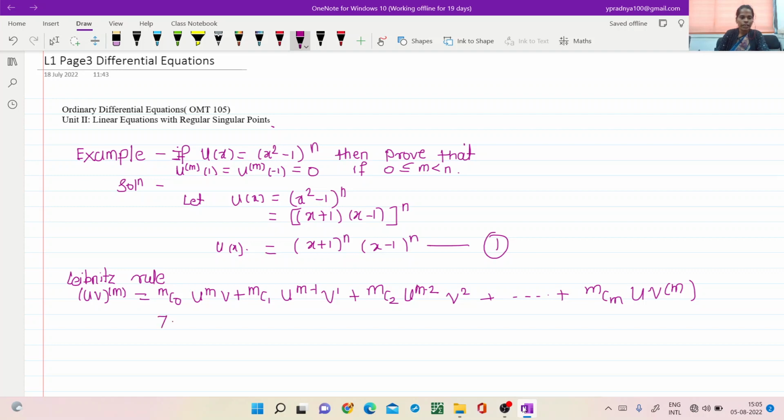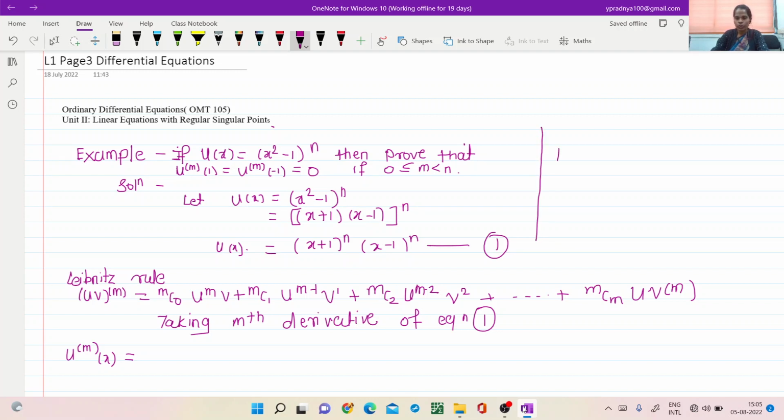So taking the mth derivative of equation 1 using the Leibniz rule, we have u_m of x is equal to mC0, the value of which is 1.